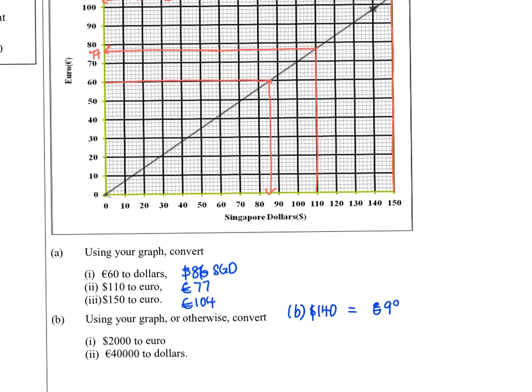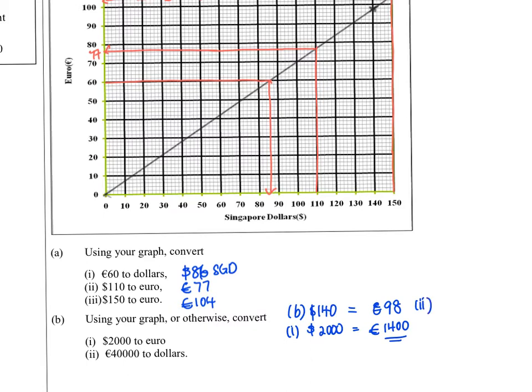So now I'm going to convert 2,000. 2,000 divided by 140 times 98, and that gives me 1,400 euro. So this is B part 1.